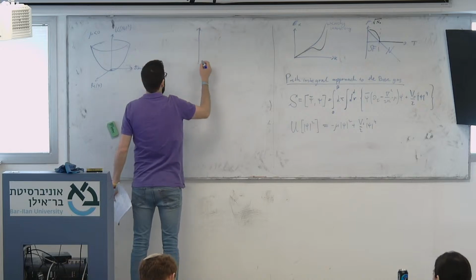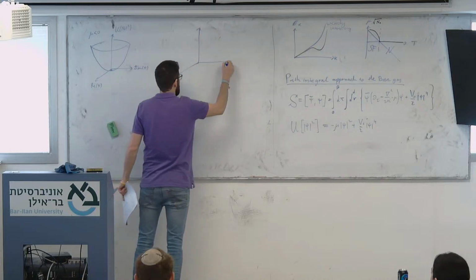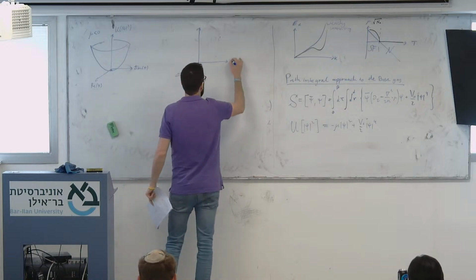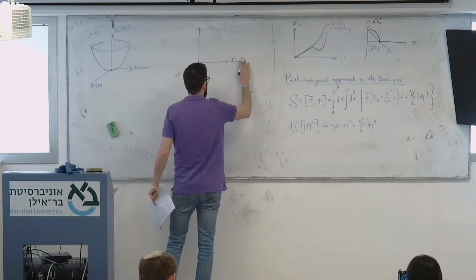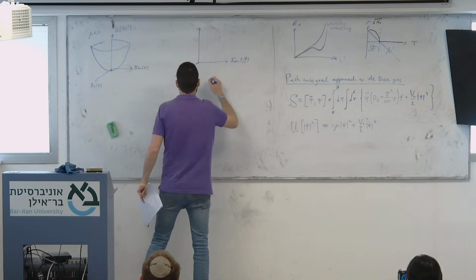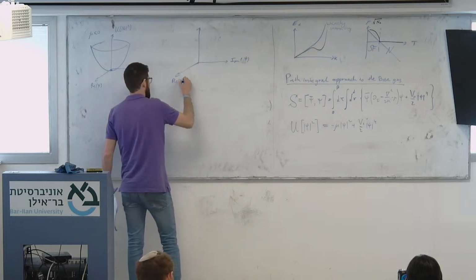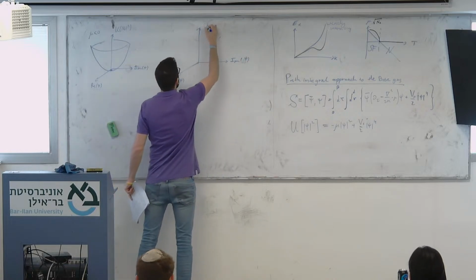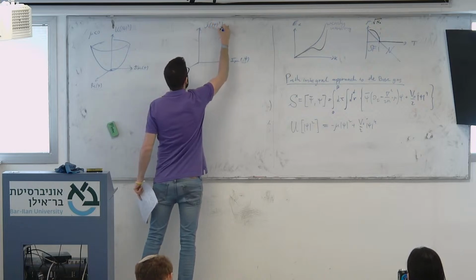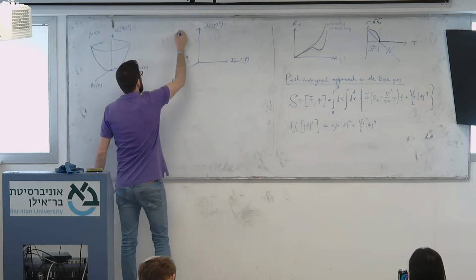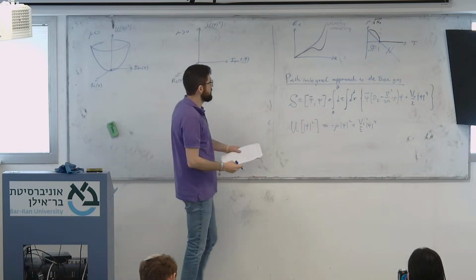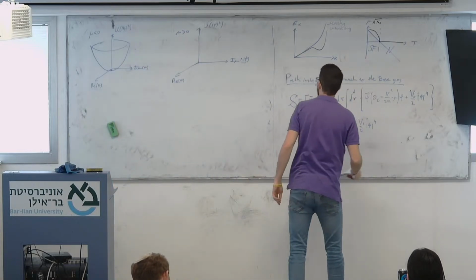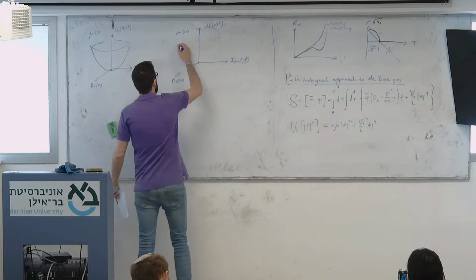On the other hand, when mu is greater than 0, this is the superfluid phase, and this potential looks different.